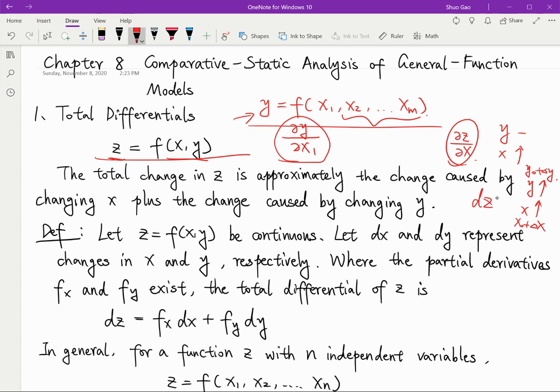Now the change of z is called a total change in z, because the change in z in the second case is from two sources. The first source is the increase of x, and the second one is the increase of y. So this is called the total change of z. The total differential is the change of z when all the variables increase or decrease a little bit.